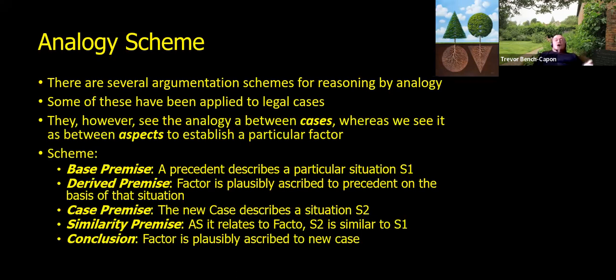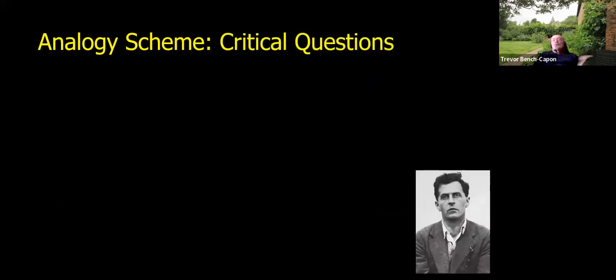We then say that our new case describes a second situation, but as it relates to a factor, that situation is sufficiently similar to that one that by analogy we can plausibly describe the factor in the new case.